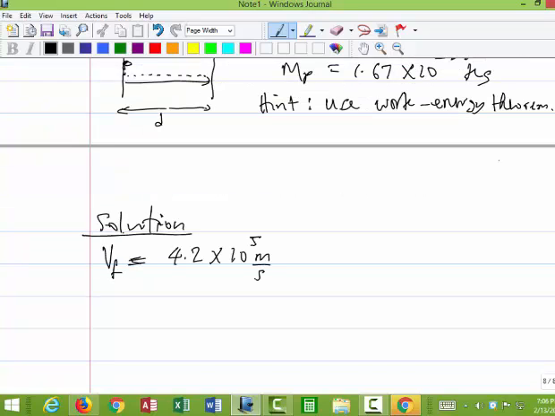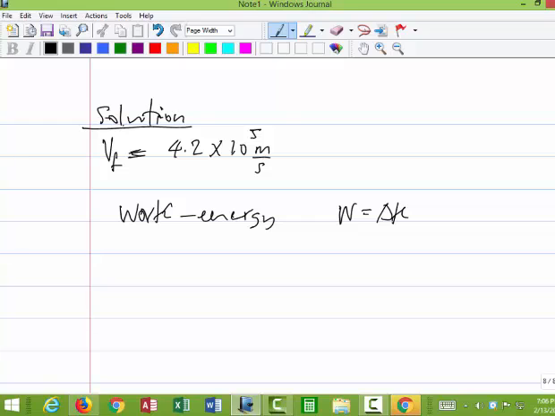Remember the work-energy theorem just says that the work is equal to the change in kinetic energy. Assuming it starts from rest, the work done, which is the charge times the electric field times the distance between the plates, is equal to half m v final squared.